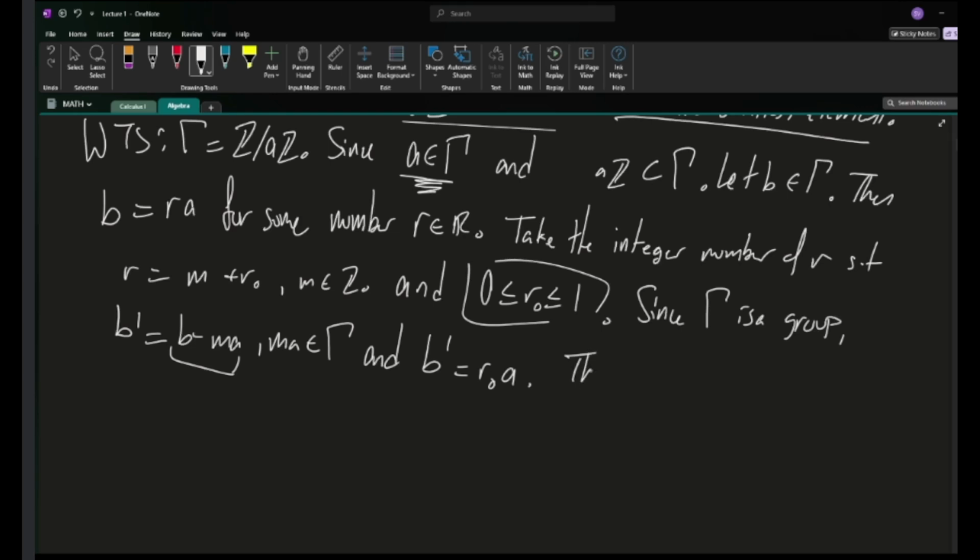So then we have the statement that B prime is between these two bounds.